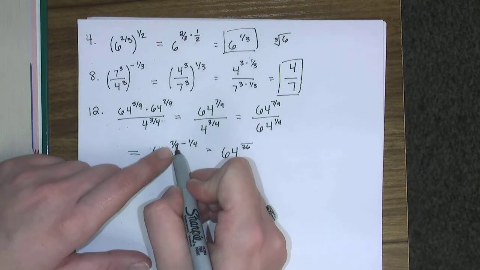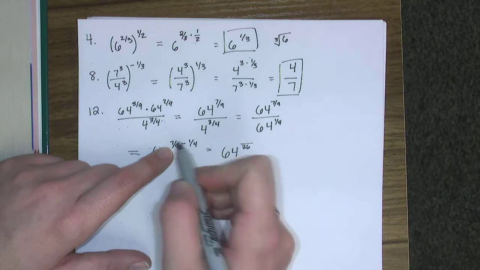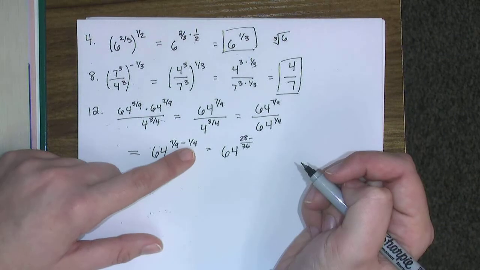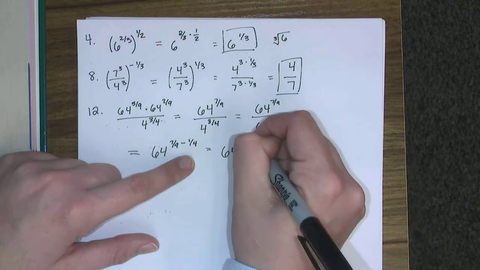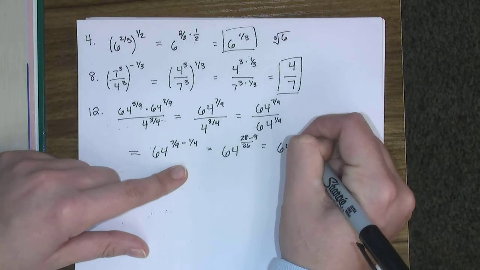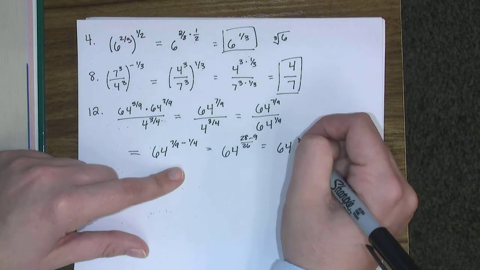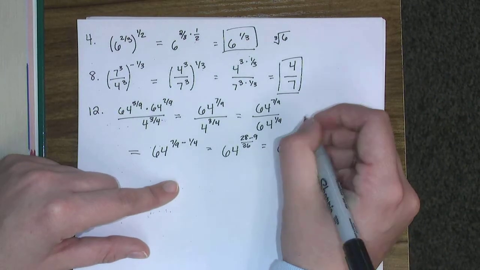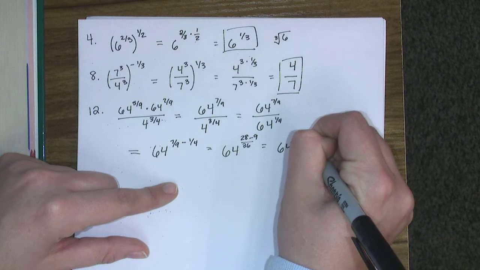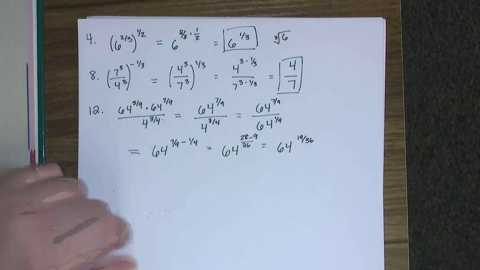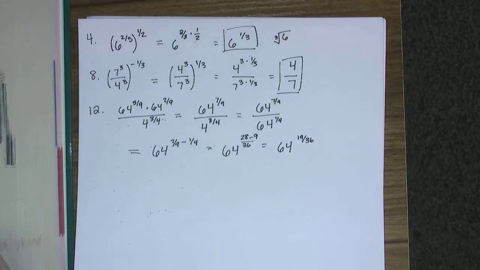So 28 minus 9, so this is going to be 64 raised to the, what is that, 19 over 36. And I can't really simplify that down per se, so I am fine with you leaving it there.